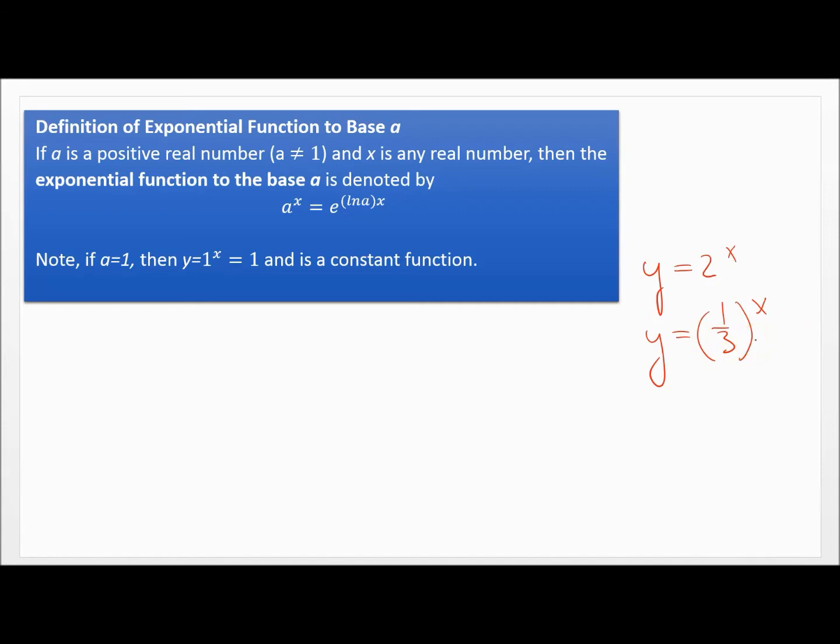And this definition is a strange definition. Let's go through it. It says if a is a positive real number and a cannot be 1, and x is any real number, then the exponential function to the base a is denoted by, now watch this definition, a to the x, just like over here, 2 to the x, your base is 2, your exponent is your variable x, is defined as e raised to the natural log of a times x.